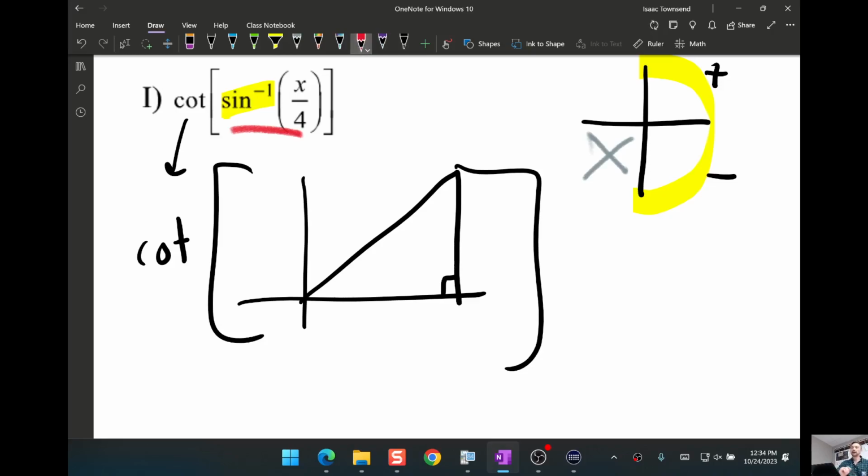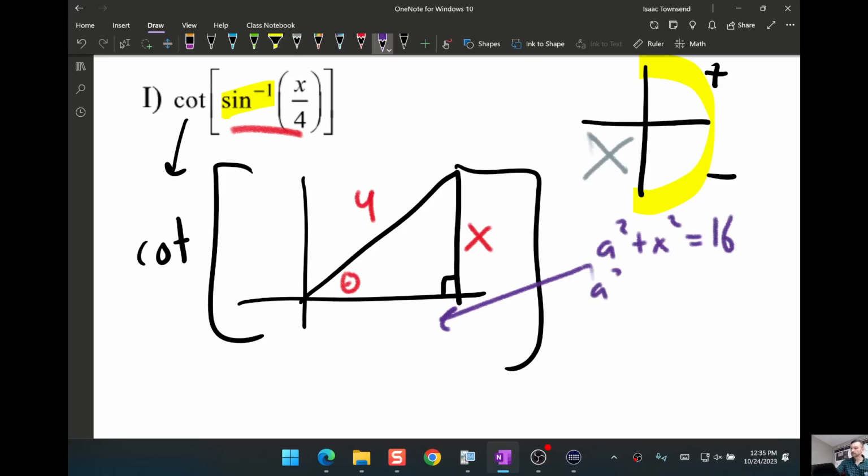Okay, and then most of these questions finish as SOHCAHTOA, Pythagorean theorem, SOHCAHTOA. So SOHCAHTOA number 1 would be using x and 4. Sine is opposite over hypotenuse. There's SOHCAHTOA number 1. Then Pythagorean theorem to find the other side. You don't always need this, but you usually do.